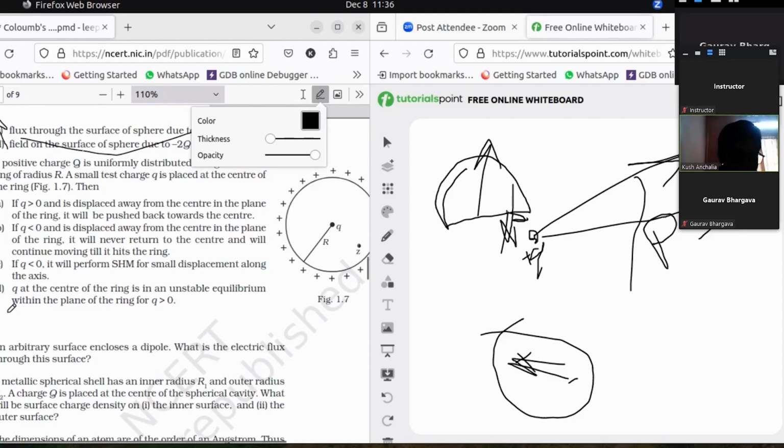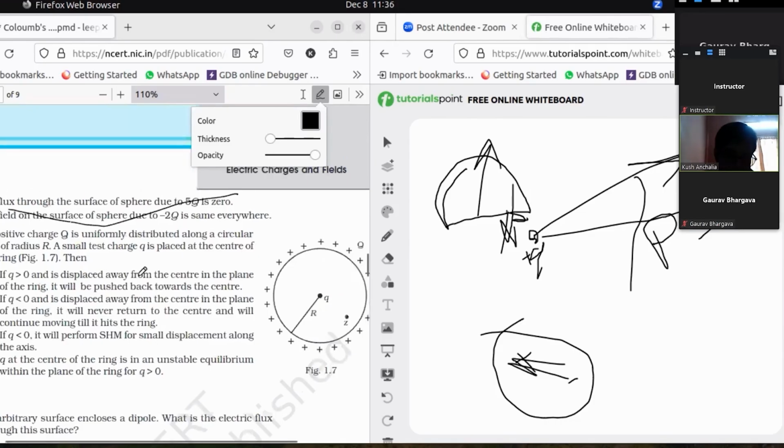A positive charge q is uniformly distributed along a circular ring of radius r.